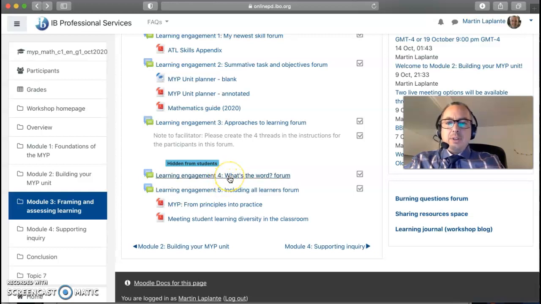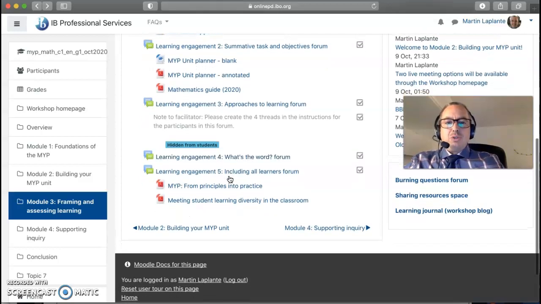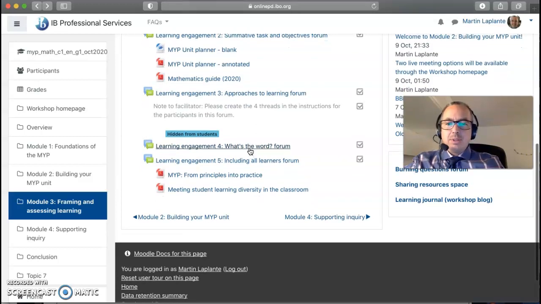Then the fourth is just a little activity where you comment on a few words that you might or might not find difficult. So that's something you want to do also. And then the fifth one, including all learners, is getting to the differentiation.